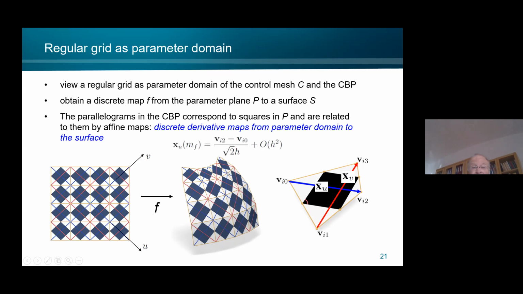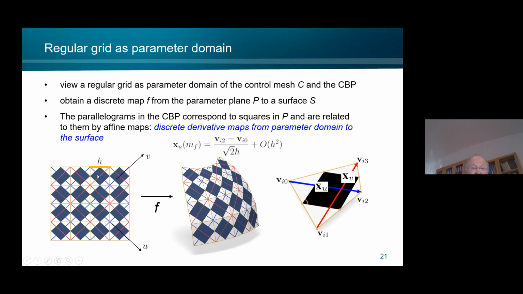More precisely, if we take a smooth mapping from the UV plane into 3D, and we evaluate this smooth mapping at the midpoints of the faces in 2D, so MF is such a face midpoint, we can get the following Taylor expansion, namely the partial derivative with respect to U at the face midpoint is actually this difference vector here, vi2 minus vi0, divided by the edge length here.